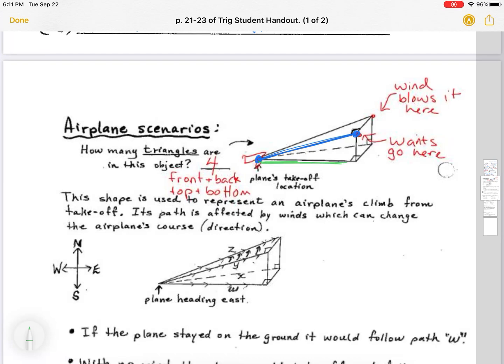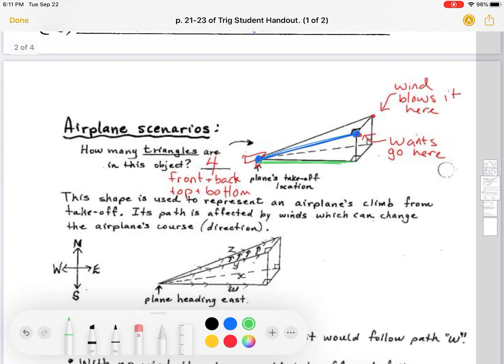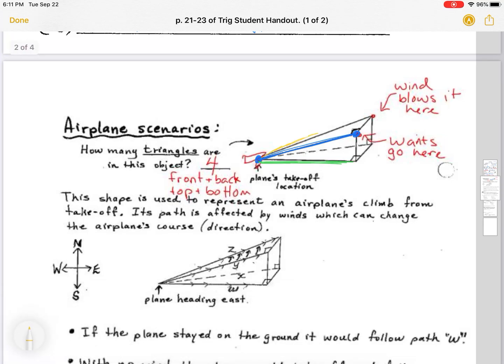So if there was no wind, if it took off, it would just go straight up this blue trajectory. If it didn't take off and it still wanted to go, it would go flat on the ground, this trajectory. But because there's a wind, what happens is the wind pushes it and it goes off to here.